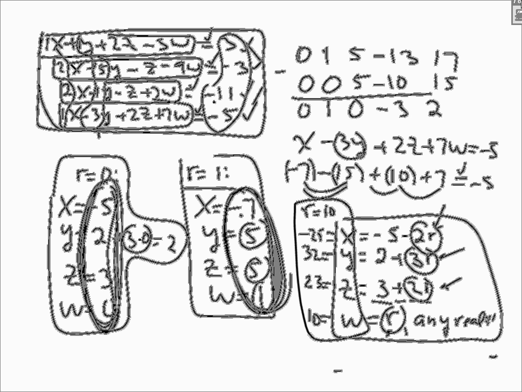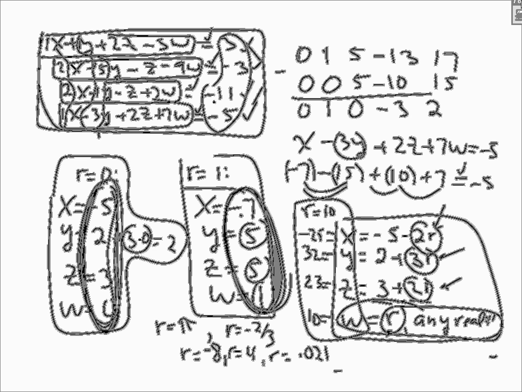And of course, you can be here all day writing down solutions. You can let r equal pi. You can let r equal negative 2/3. You can let r equal negative 8. You can let r be 4. You can let r be 0.021. Any real number. R can be any real number. And when you pick different numbers for r, you get different solutions.